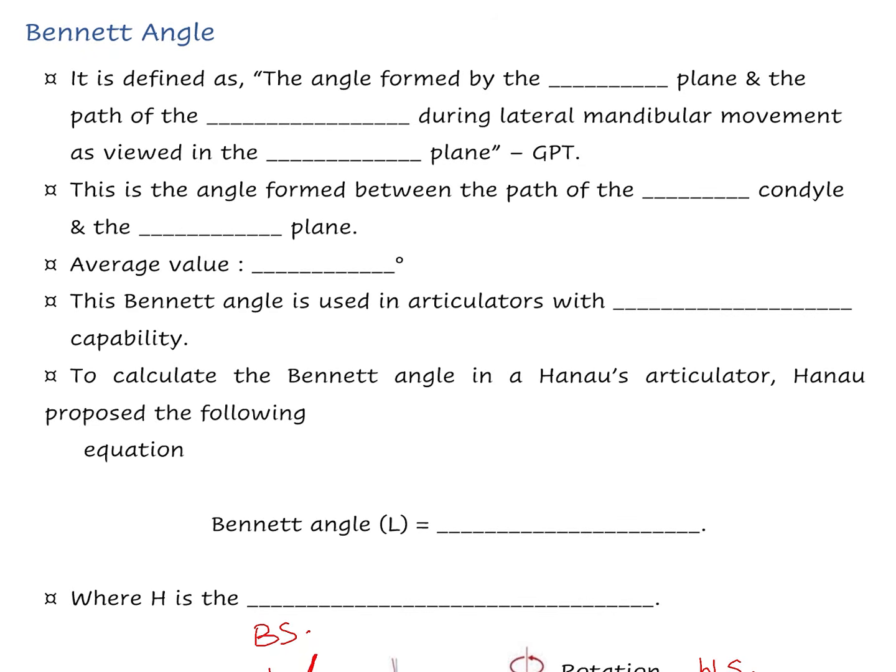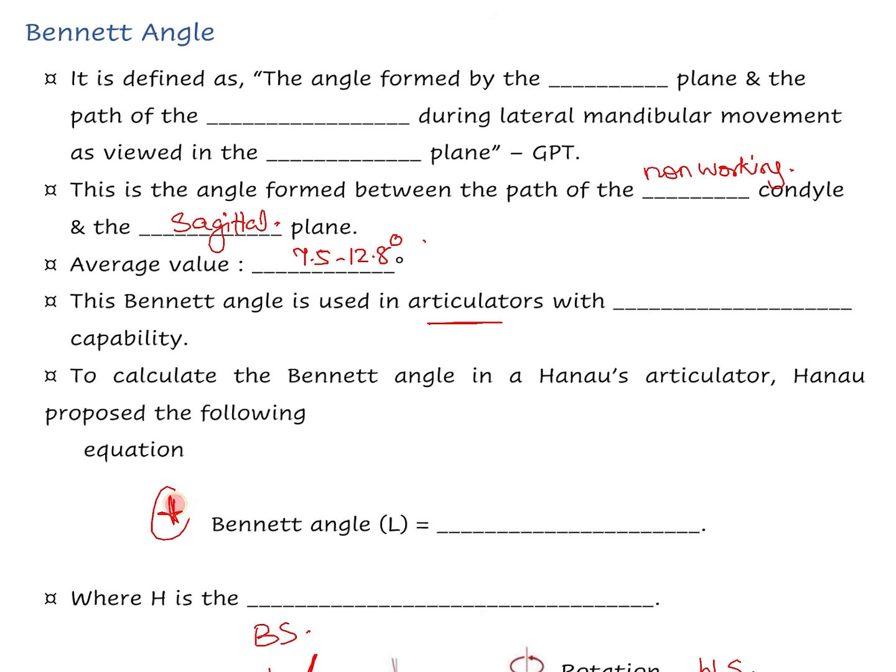Okay, this is the angle formed between the path of the non-working condyle and the sagittal plane. Average value is 7.5 to 12.8 degrees, and you have to adjust it in the articulators with lateral translation capabilities so that you can customize the articulator exactly as per the patient readings.